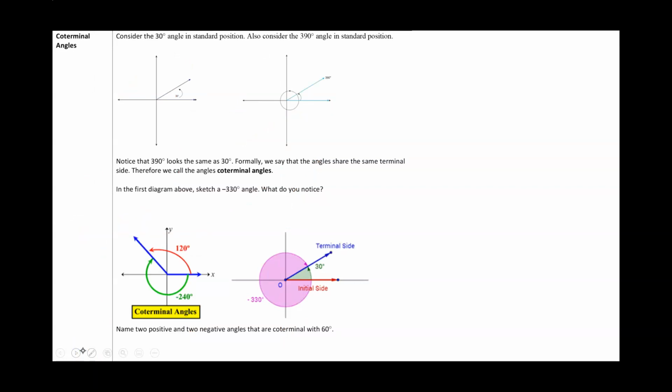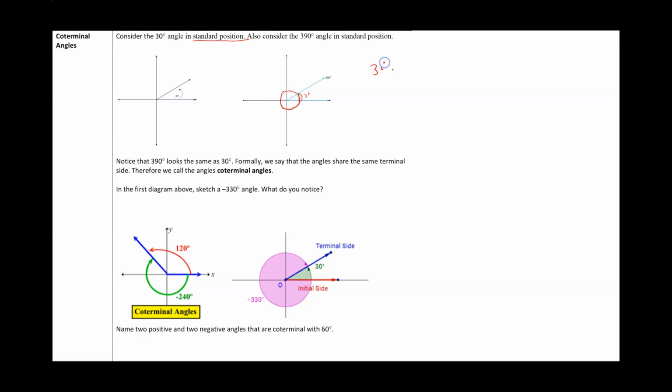Okay, now let's take the 30-degree angle in standard position. So this is it right here. But then let's take the 390-degree angle. So for 390, we're going 30 degrees. And then if you go another full rotation, so if we take 30 and you go all the way around, a full rotation is 360.